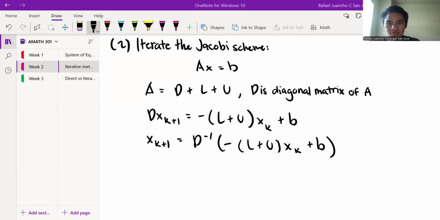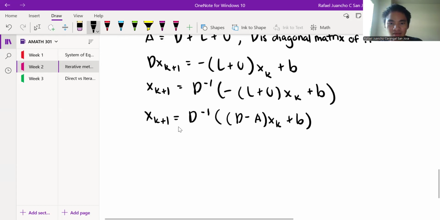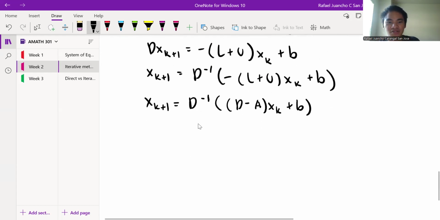Or equivalently, it's just this, the inverse of D, then D minus my A matrix, X k plus B. So this was the notation I was trying to say.